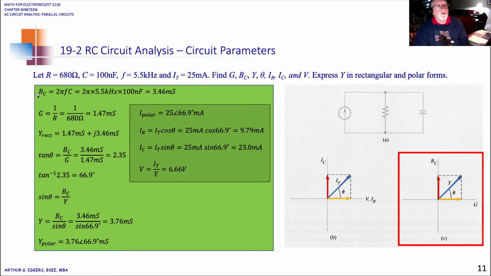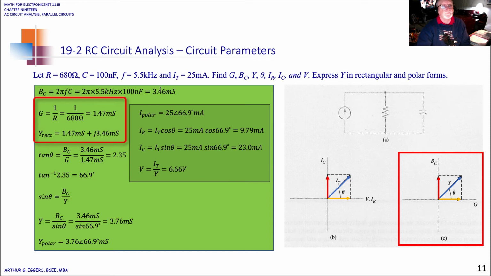So if we start with our relationship, B sub C is equal to 2 pi fC, we get 3.46 millisiemens. Again, we use our relationship for conductance, and we get the inverse of 680 ohms, or 1.47 millisiemens. Now we have the terms that we can put into the rectangular relationship: 1.47 millisiemens that we just solved for, 3.46 millisiemens on the j-axis.